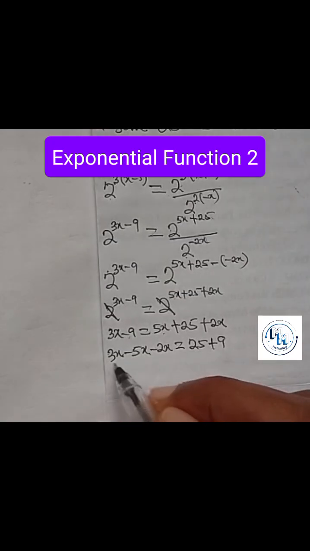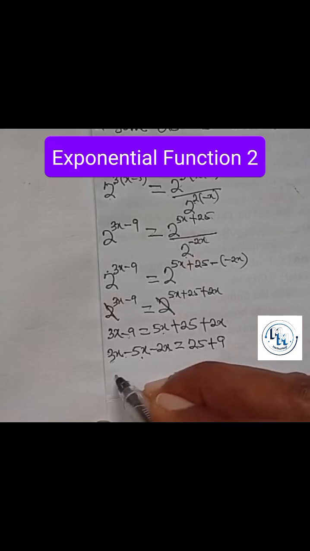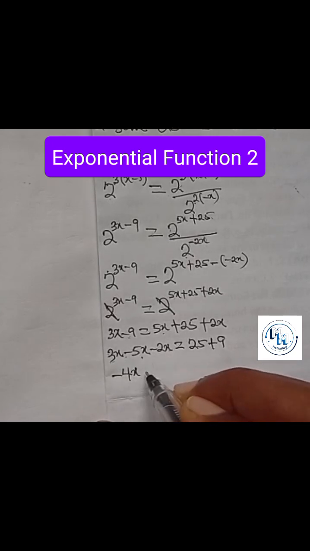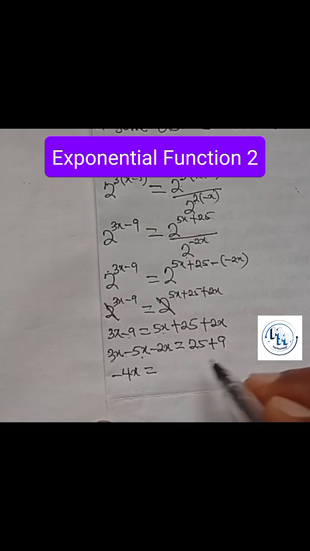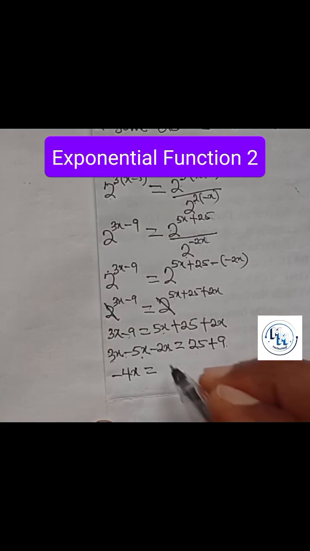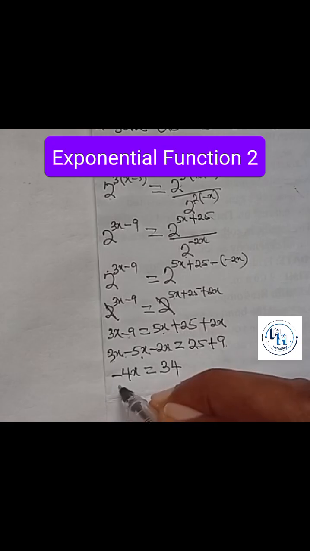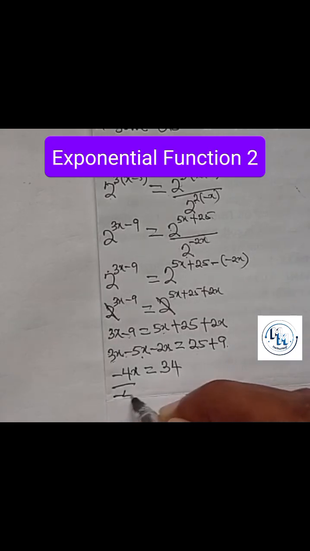Now let us see, 3x minus 5x is minus 2x. Then minus 2x minus 2x is minus 4x, is equal to 25 plus 9, which is going to give us 34. Now we're going to divide both sides by minus 4.